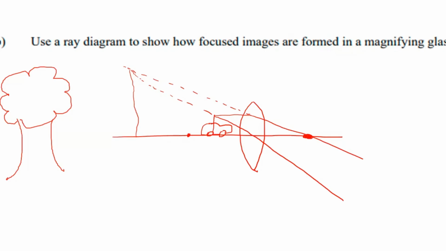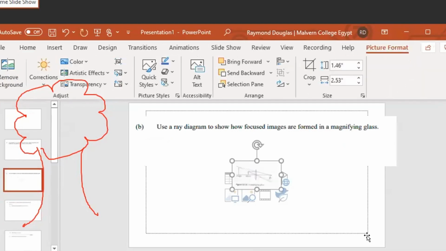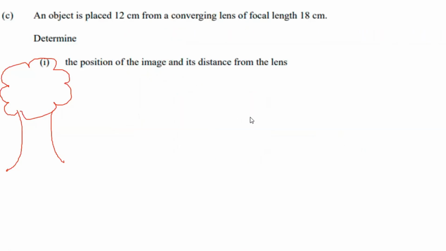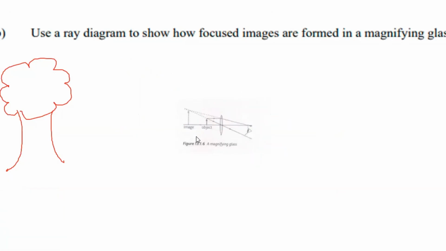Let's see if we can add this. Right, so this is technically what it looks like, just as how I showed you. Your object has to be in front of your principal focus. Any object in front of the principal focus is going to produce a virtual image.